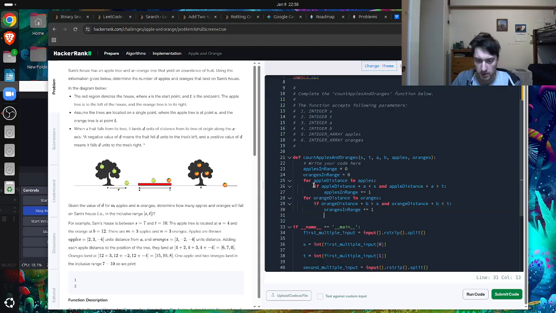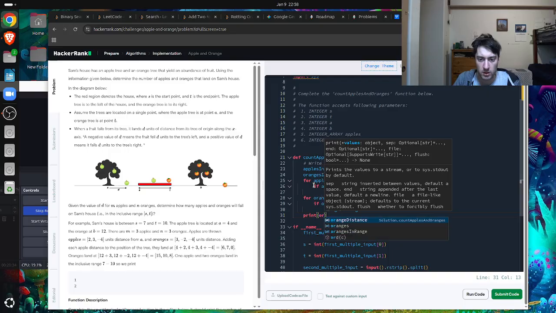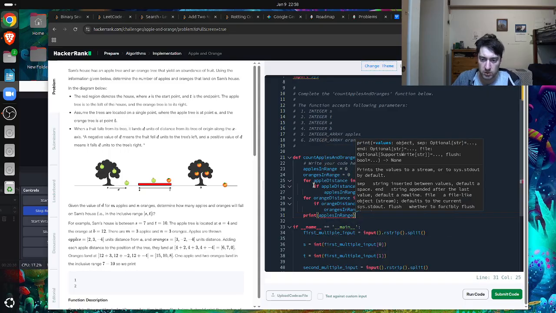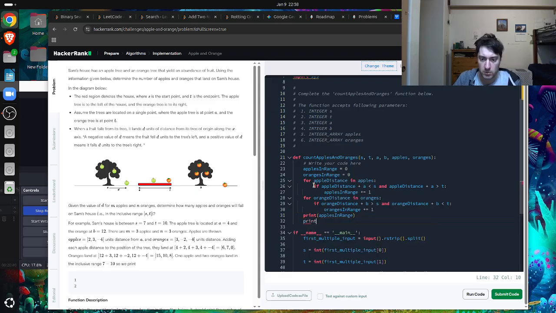And then print apples in range, print oranges in range.